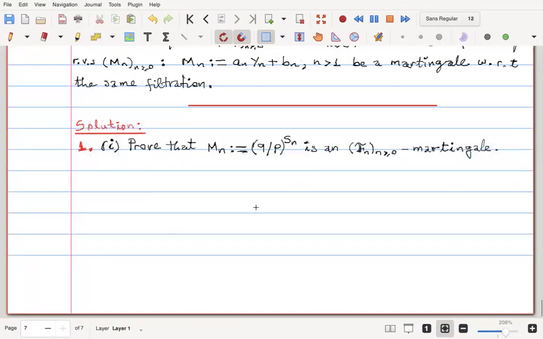Okay, so this is what we are proving. So let's dive straight into the solution of this. What we are going to do is compute the conditional expectation.